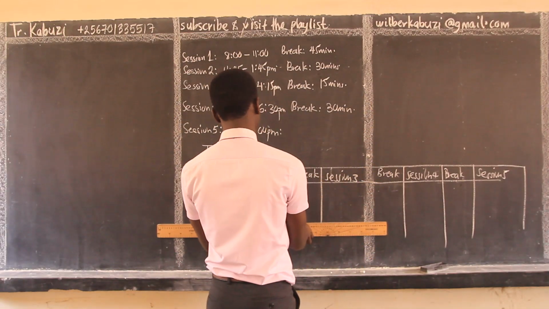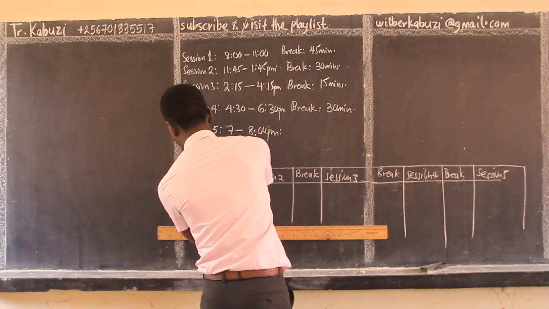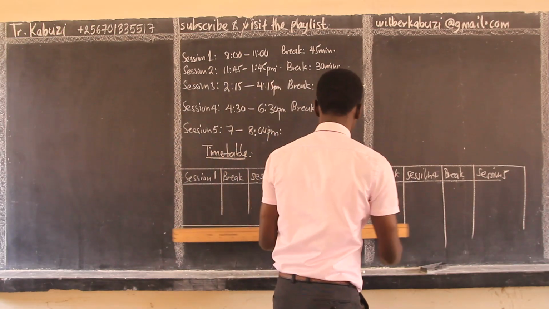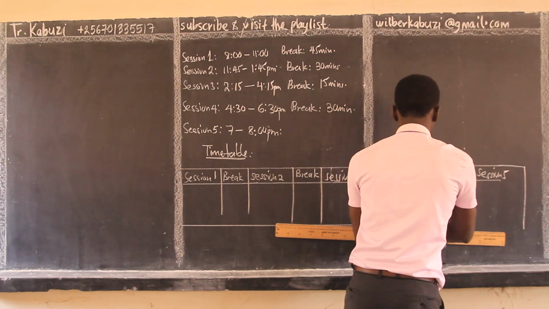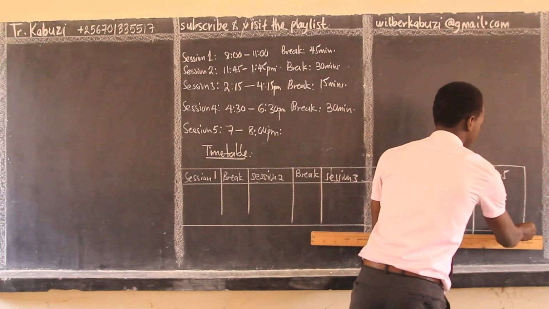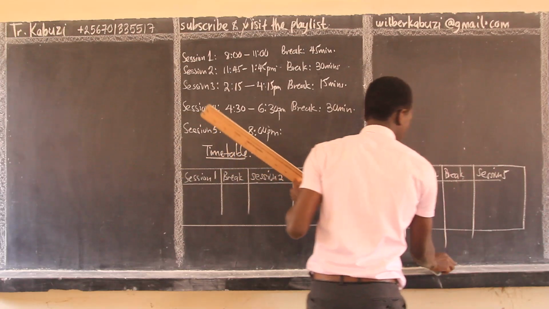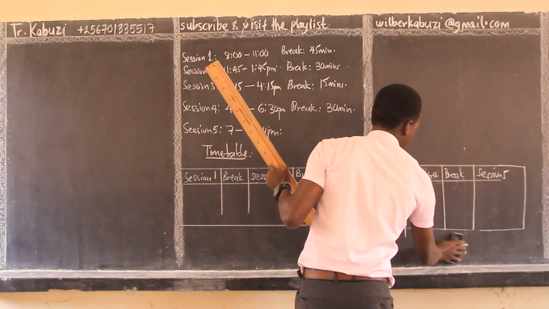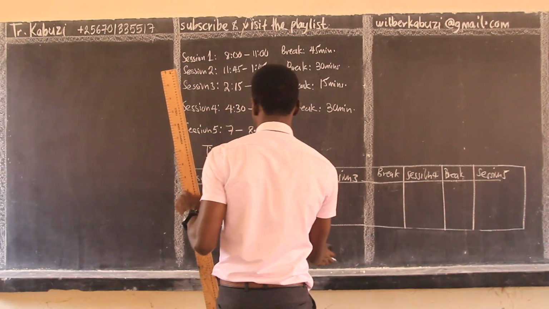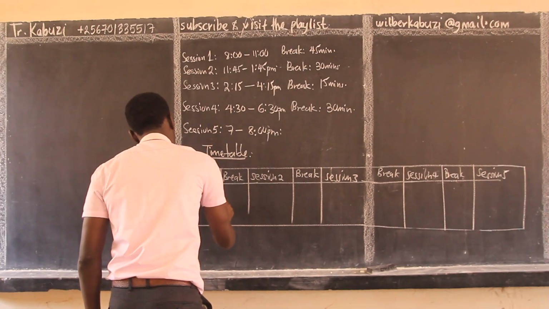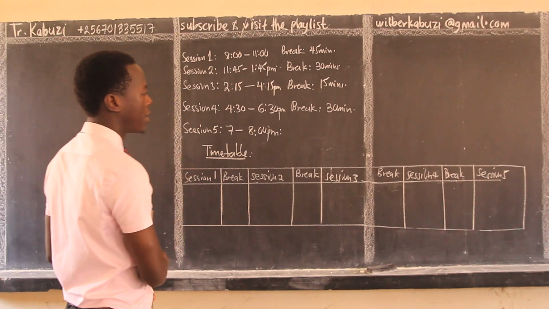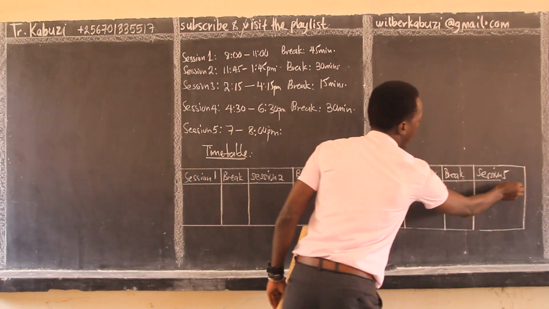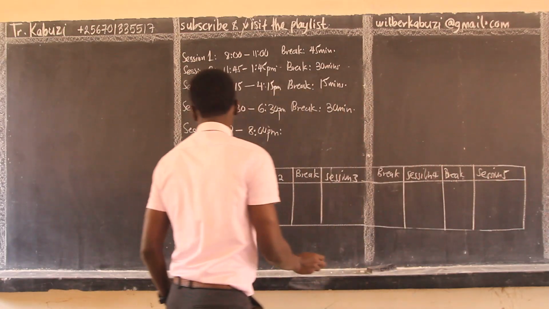Then after this, I'll enclose my table as good as that. So now it's time to draw the timetable. There. Those are the 5 sessions and their respective break points.